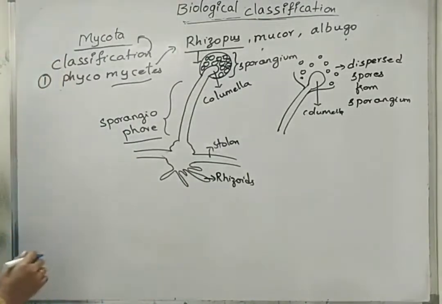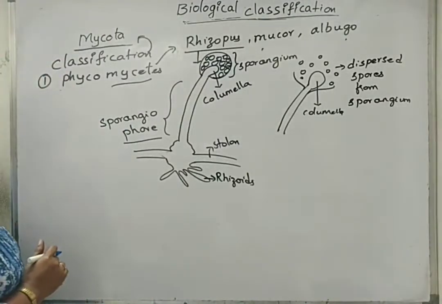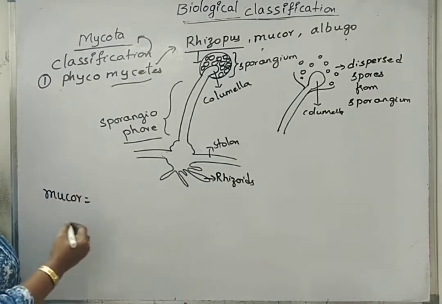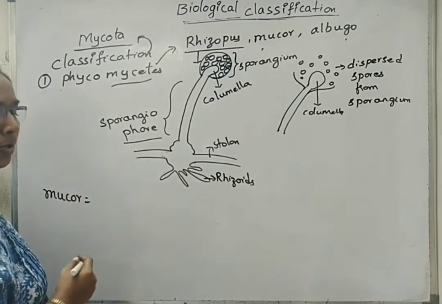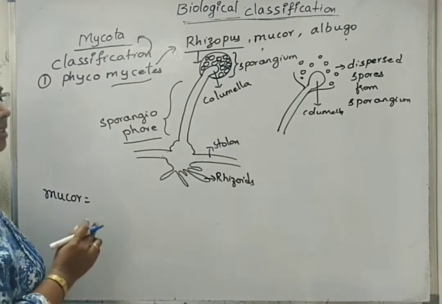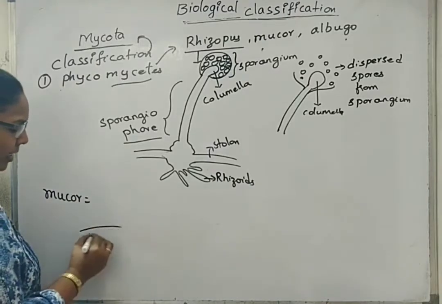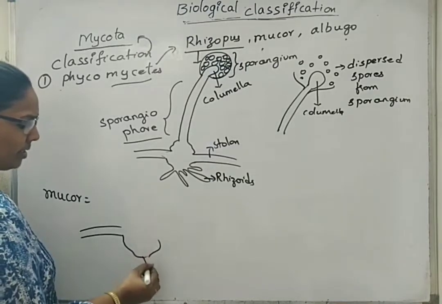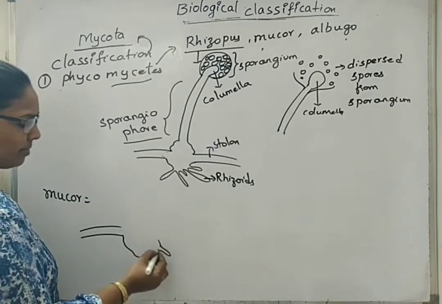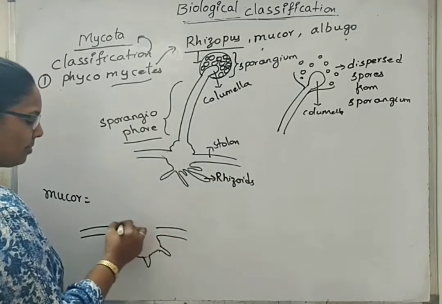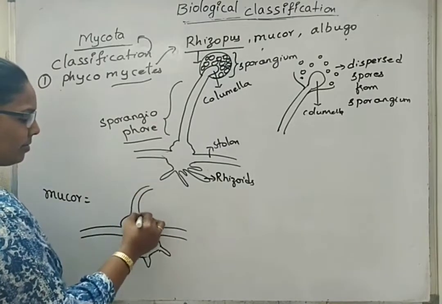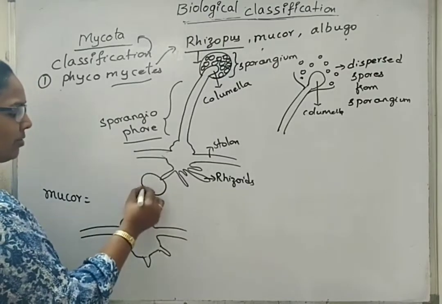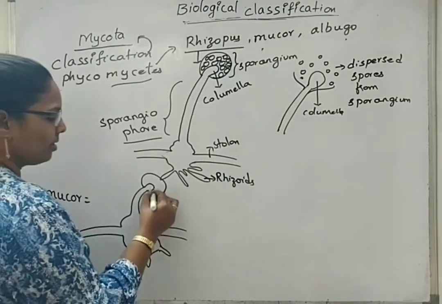And what about Mucor? Mucor does not have any stolon and does not have any rhizoids. Initially it looks the same as Rhizopus.